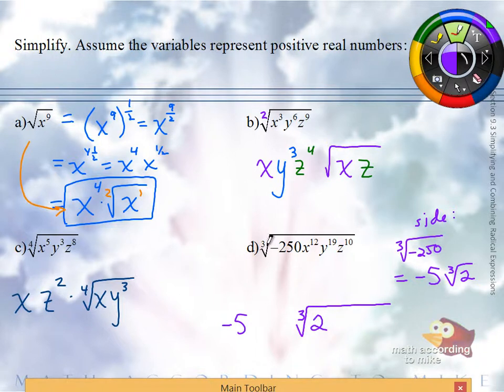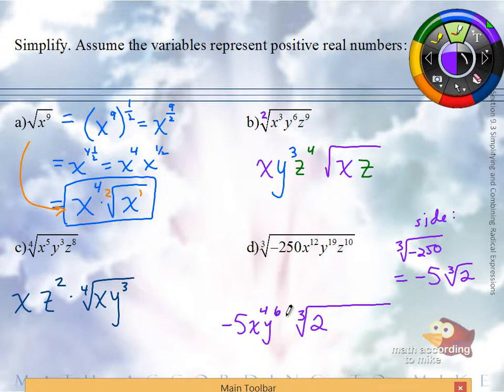So now let's do our variables. 3 goes into 12. So we can pull out an x to the 4th. Oh, and by the way, there's nothing left over, so no more x under the radical. 3 goes into 19 6 times.